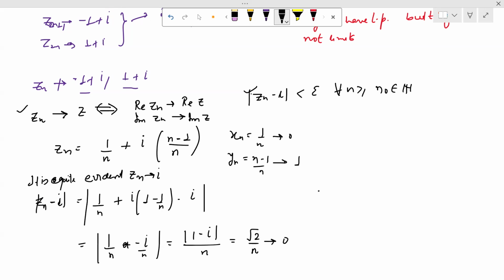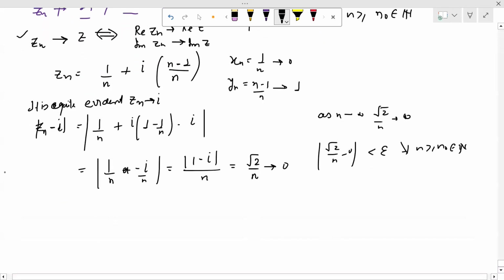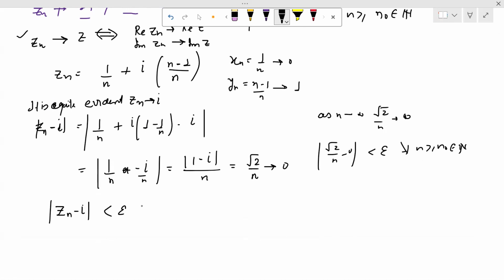In other words, you know that as n tends to infinity, root 2 upon n converges towards 0. That implies that root 2 upon n minus 0 can be made less than epsilon for all n greater than or equal to n naught, belonging to some natural number. So basically it implies that modulus of Zn minus iota can be made less than epsilon for all n greater than or equal to n naught.